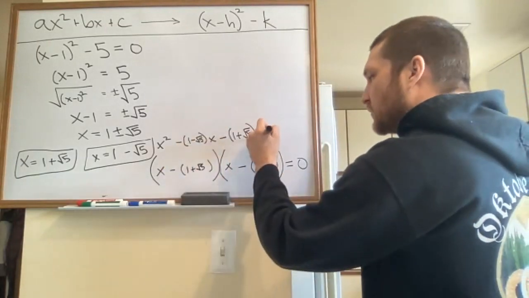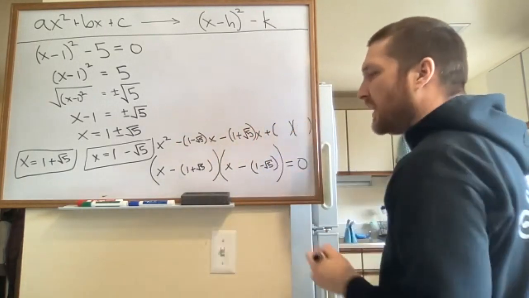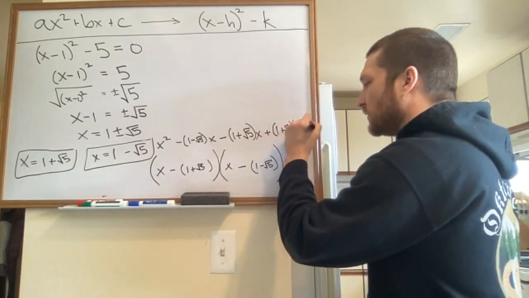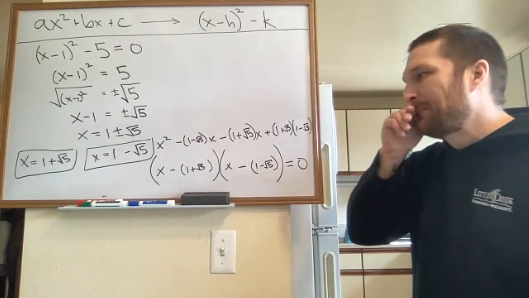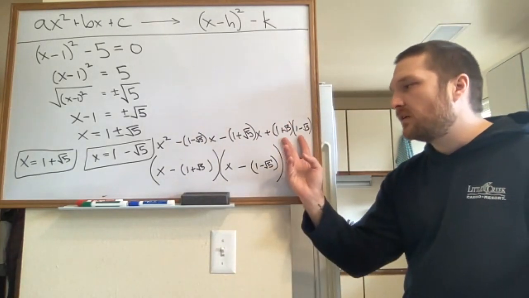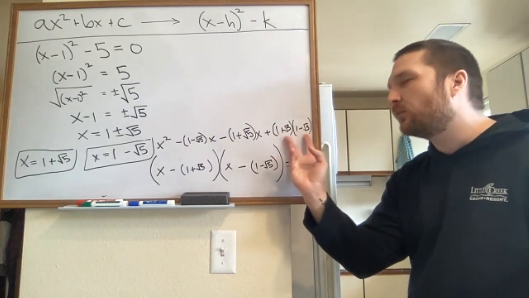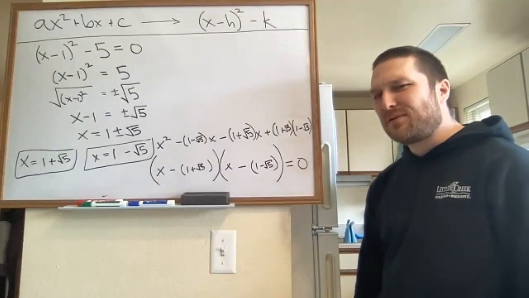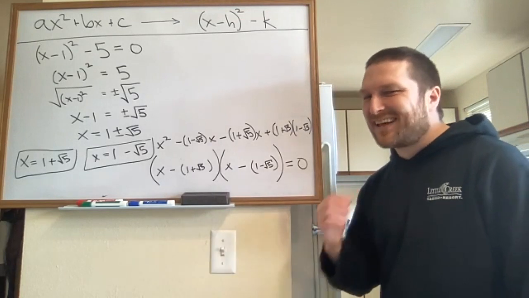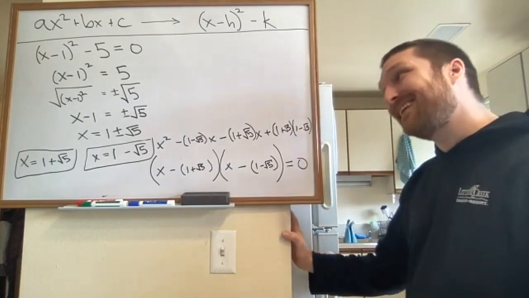A positive. So it's got to be plus that thing times that thing. One of them is 1 plus square root 5. The other one is 1 minus square root 5. And before you flip out, remember, that's a conjugate. That's going to be super easy to deal with. We'll deal with it in just a second. They happen to be conjugates of each other. I wonder if that's going to be a common theme here as we're solving quadratic equations. Yeah, it's going to be.